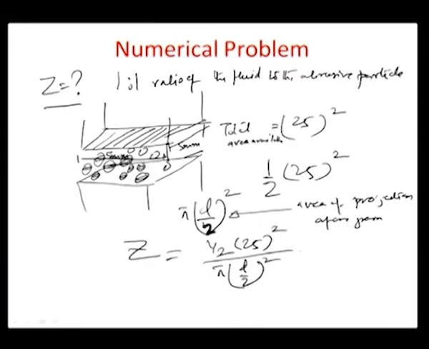And therefore, if we assume the grain diameter d, as we had illustrated earlier, to be about 10 microns, about 0.01 mm, then we should be having a ballpark figure of what this Z value could be.